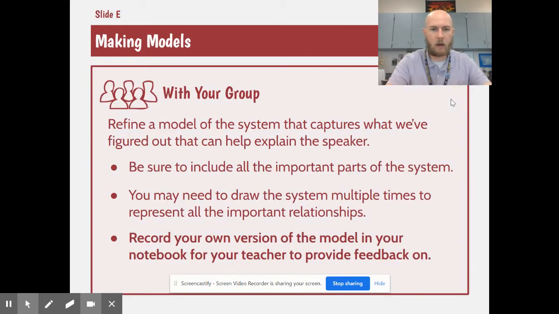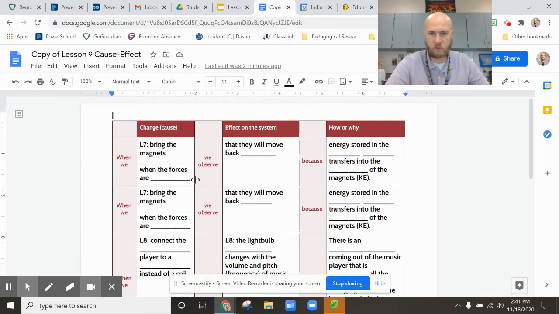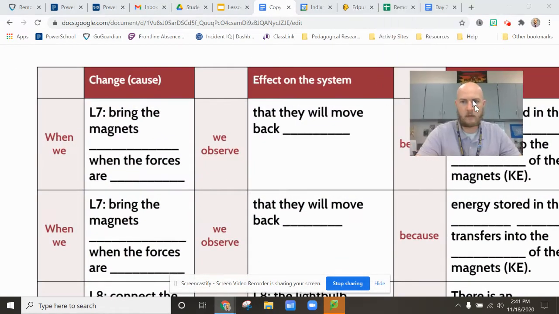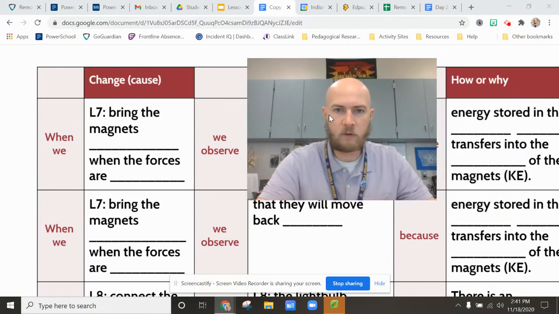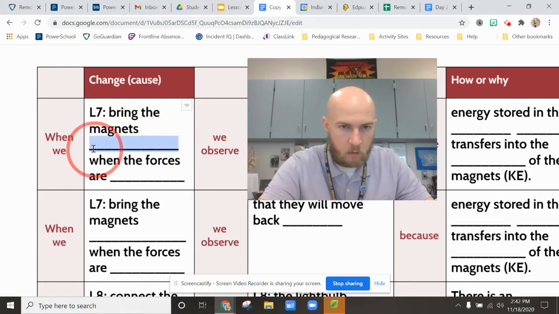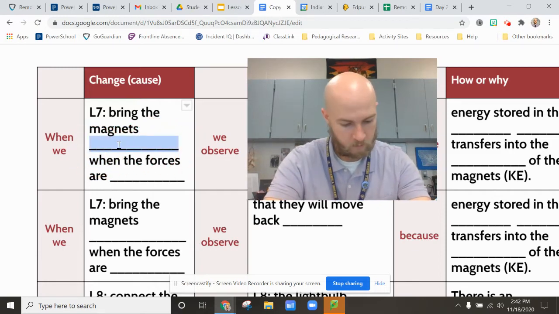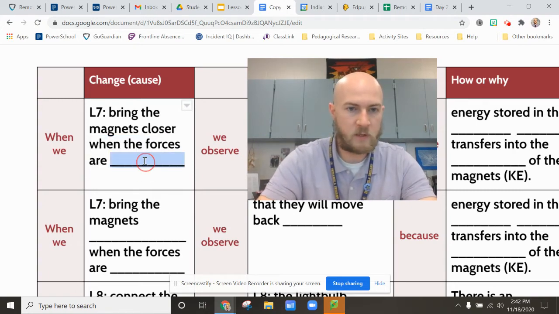Okay, so I am going to go to my copy now, and we're going to fill out this chart. Let me make myself a little bit bigger here. I want to first look at lesson 7. One of the things that we did in lesson 7 was that we brought the magnets closer when the forces were what?